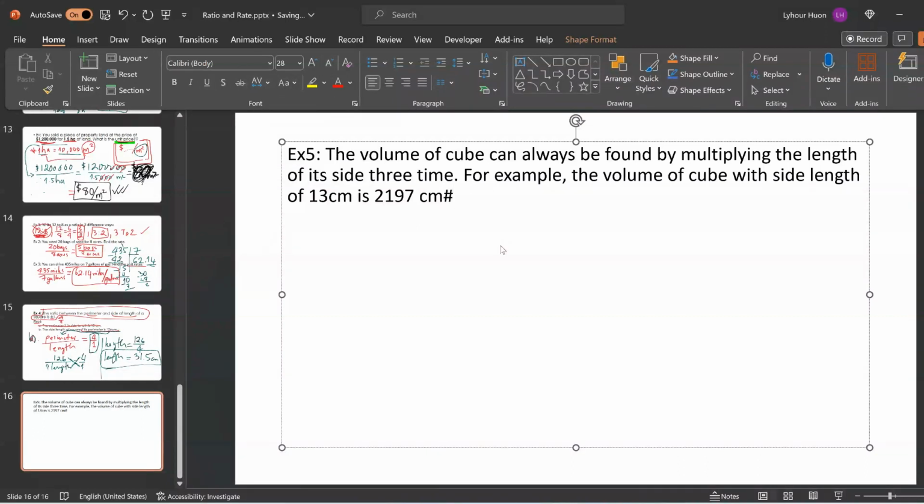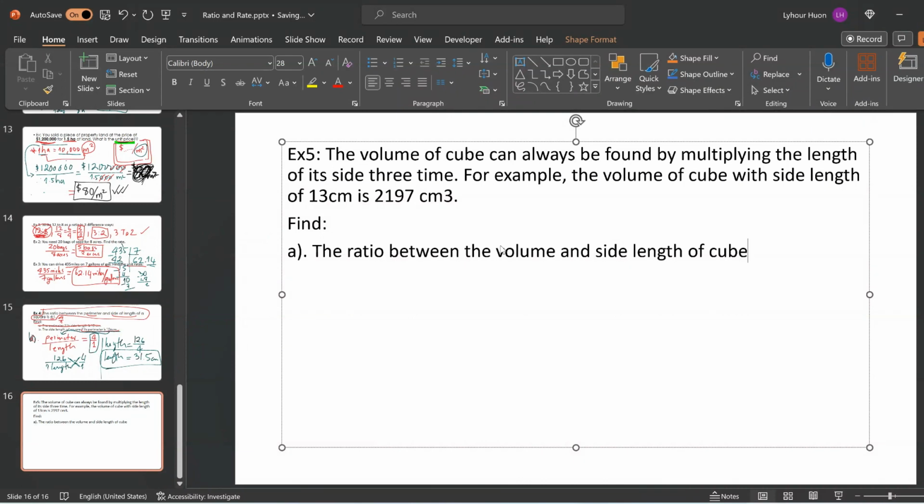Okay, it's a cube here. A. Find the ratio between the volumes and side lengths of cubes.